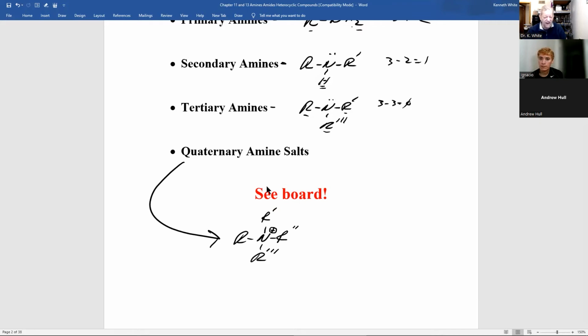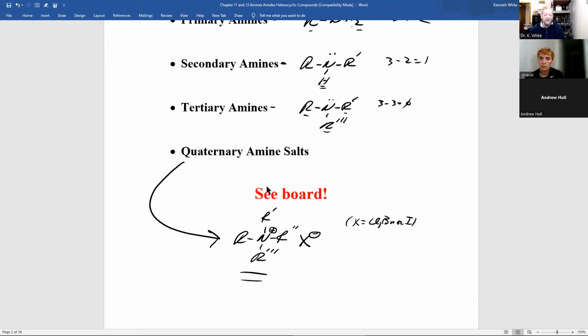Therefore, you have an anion associated in a quaternary ammonium salt. Now, there are various anions, but for this class, I'll stick to halogen, where X can be chlorine, bromine, or iodine. And this is called a quaternary ammonium salt.